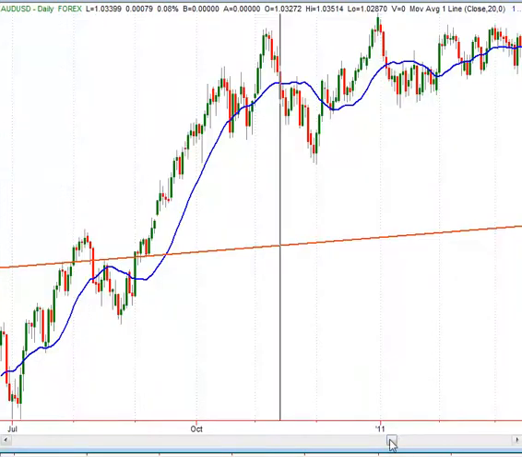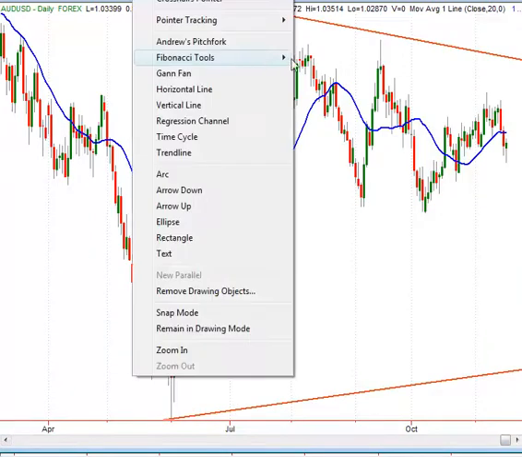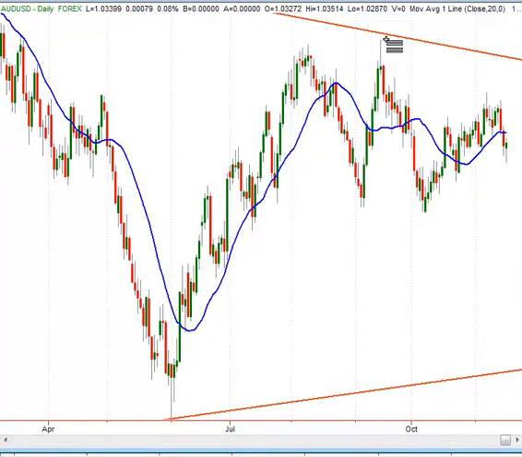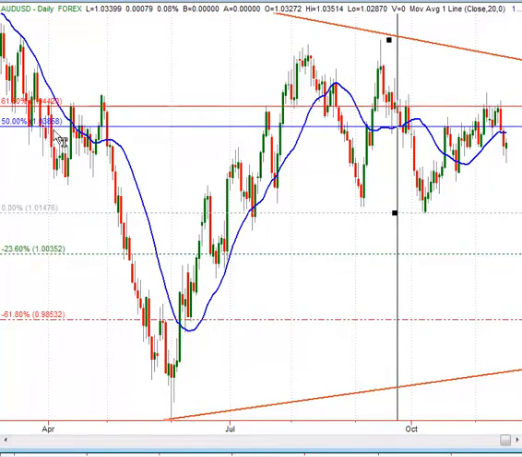Moving to the daily, last week you will remember we had the violation of this measured move lower, and price initially respected this level in 103.80, and it came down twice, then respected it again, but then eventually broke out.